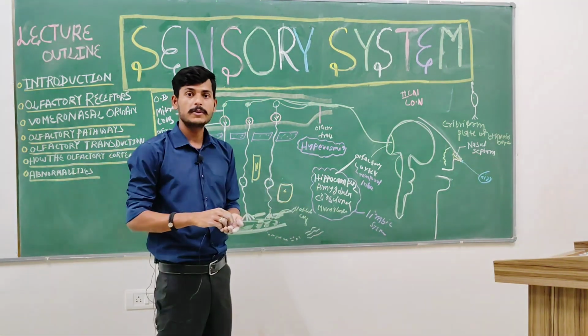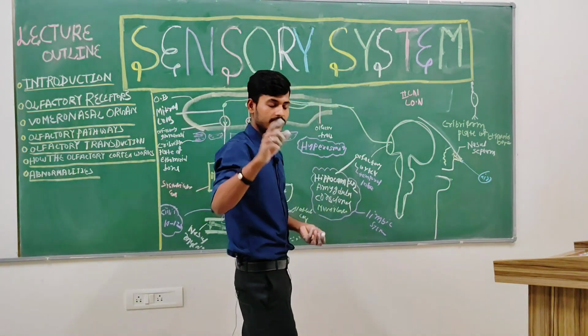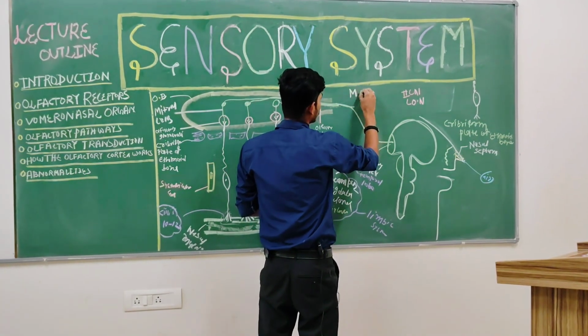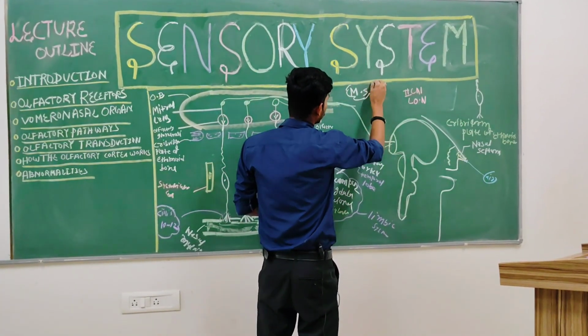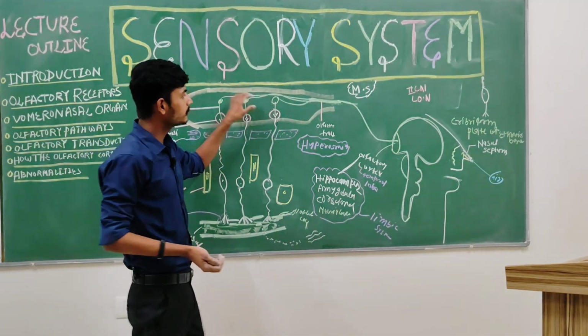So in the case of some autoimmune diseases, write down, the best example is multiple sclerosis.